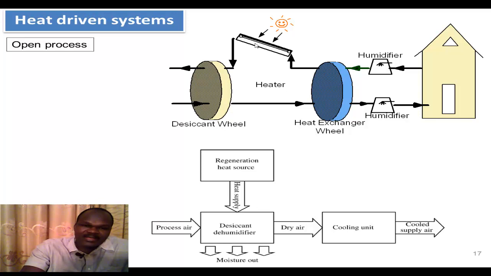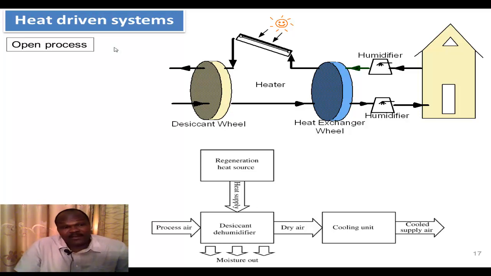Then the air is completely heated up by the sun and sent through the wheel again, the air picking up the moisture back from the wheel and going to the atmosphere. So this is called a desiccant evaporative cooling, DEC, system.